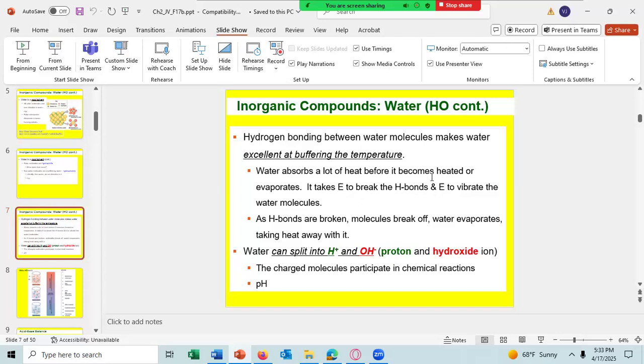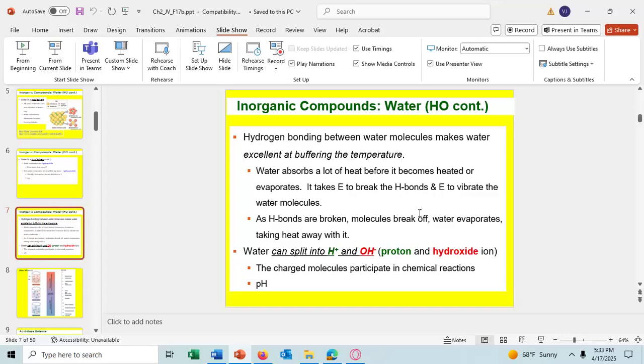So if you give a certain amount of energy to water, some of that energy will be taken in by the individual water molecules to make the water molecules move and vibrate more rapidly, and that will increase the temperature of the water. But some of the energy will be taken in to break the hydrogen bonds, and that will not increase the temperature of the water.